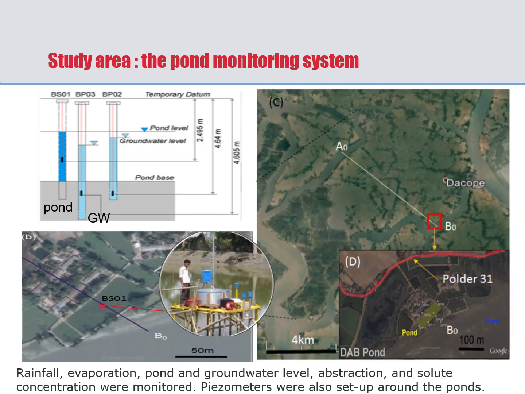As you can see, here is the pond water level, and two piezometers under its position, at 1 meter and 3 meters. And we also monitor rainfall and evaporation, pond and groundwater level, abstraction, and solute concentration.